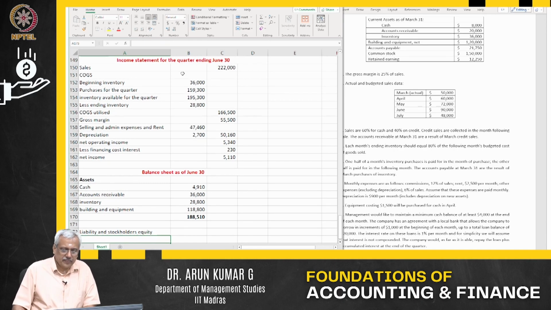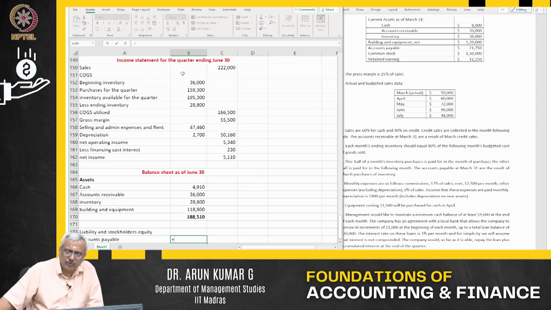Let us look at liability and stockholders equity out there. Let me go from this. Accounts payable. What is the accounts payable? It says that one half of the inventory purchase is paid for in the month of purchase. The other half is paid in the following month.